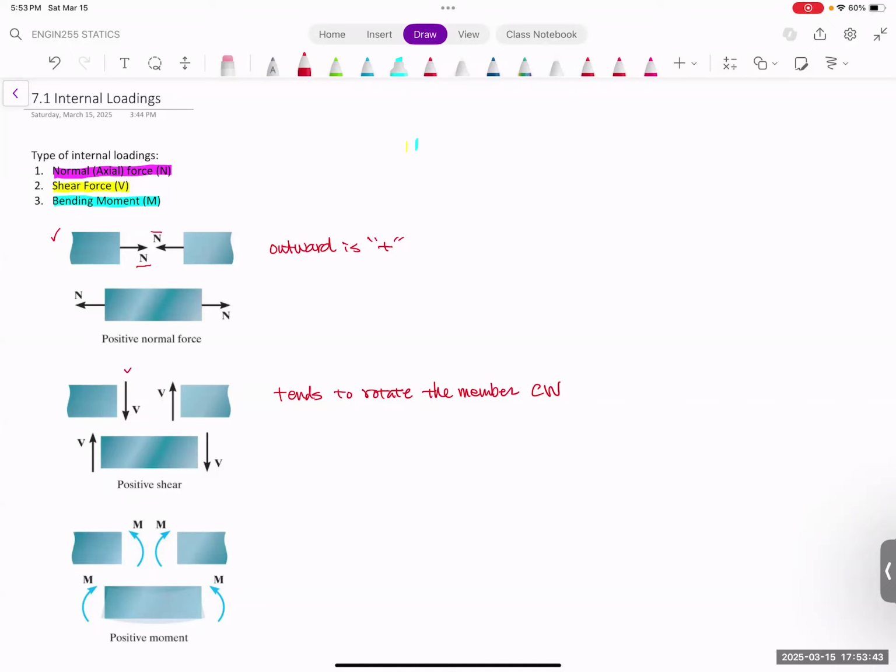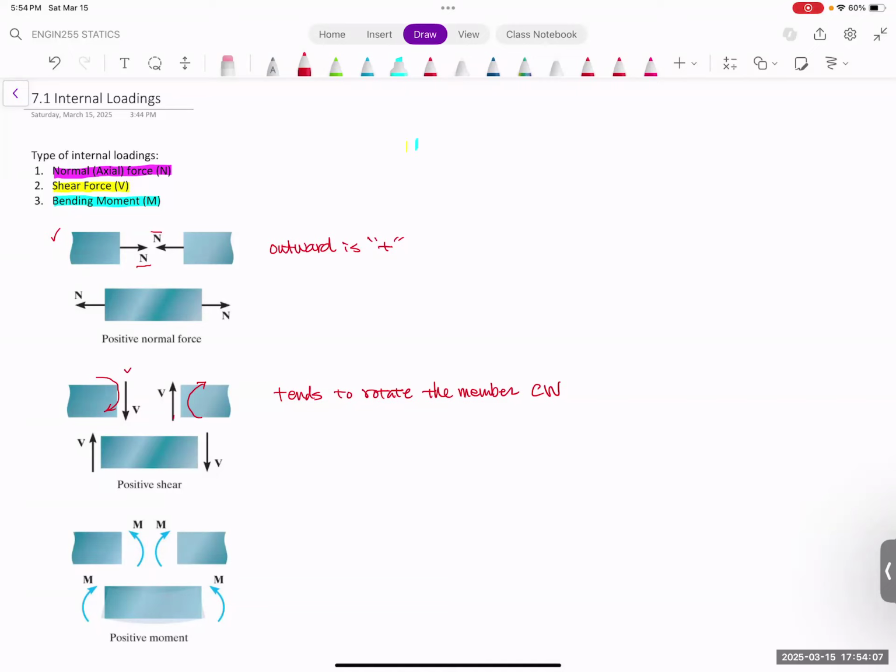If you look at this one here, it goes down, and it tends to make the element rotate clockwise. On the other side, the shear force is positive when it goes up, because that is the direction that will make this piece on the right-hand side turn clockwise. That's how we define shear force. It's different from tension.